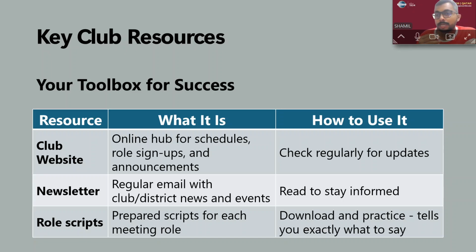And then there will be information about what roles are available, what roles are vacant. And there will be information about the various announcements made in the club. Announcements could be about the open house, outdoor meetings, club contests and so on. So as new members, we can access the website to check for updates.